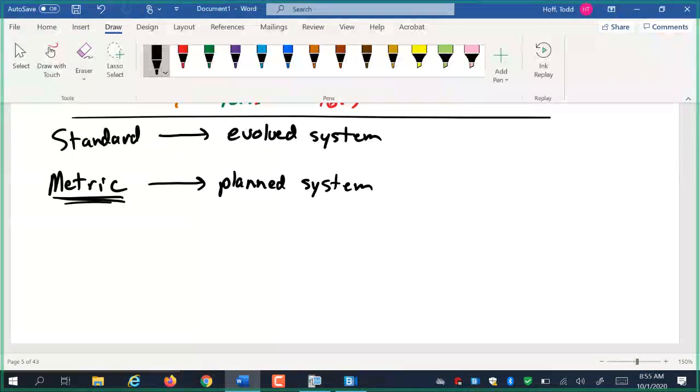They literally had thousands of years of experience working with the standard system. They knew what worked well and they knew what was clumsy. So they kept the ideas that worked well and they tried to work around or get rid of those ones that were kind of a pain to deal with, like the odd conversions, 16.5 feet in a rod, things like that. They wanted to get rid of them.